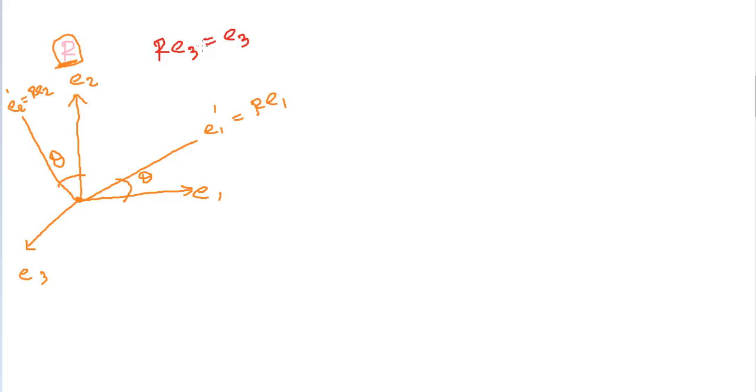That's why it doesn't change, but E2 would be changed by the angle theta, right? So R E3 would be equal to E3, right? To find the components, I'm going to draw another picture to help you understand that rotational transform.